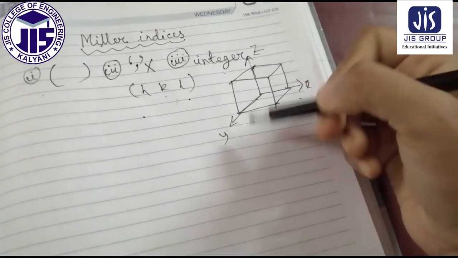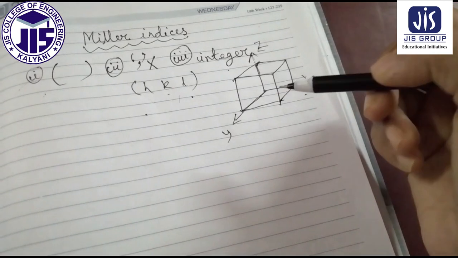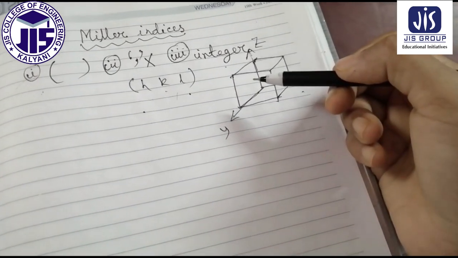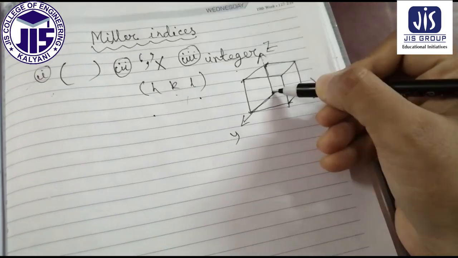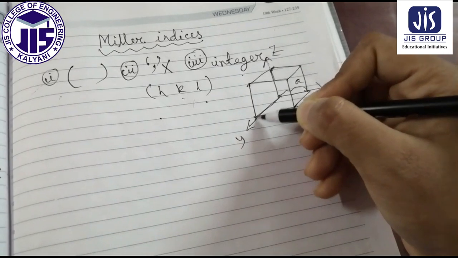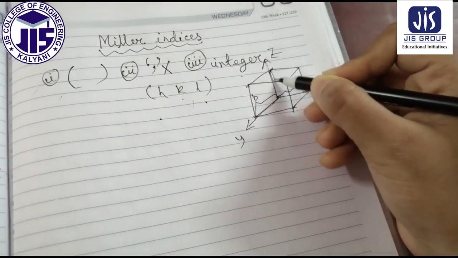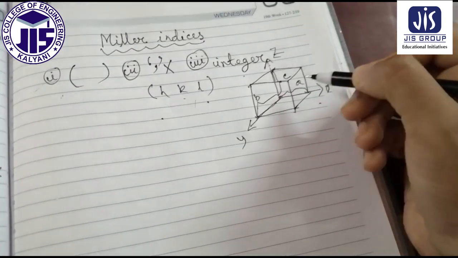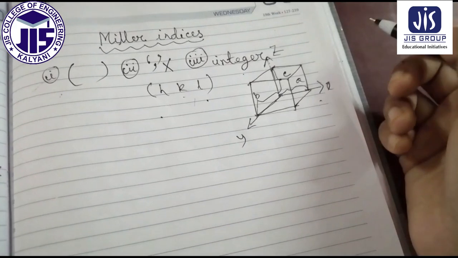Then x, y, z, these three axes are called crystallographic axes. Suppose this length is A, this length is B, this length is C. So A, B, C are three different lengths along x, y and z.